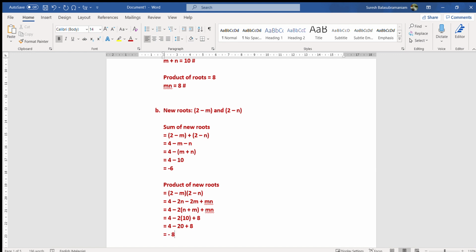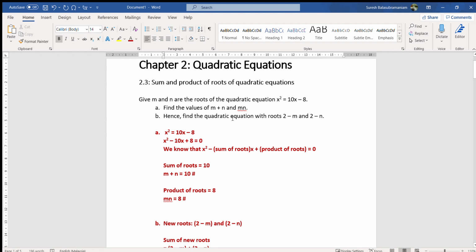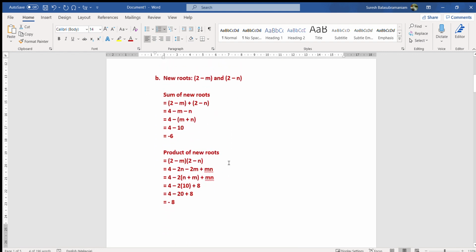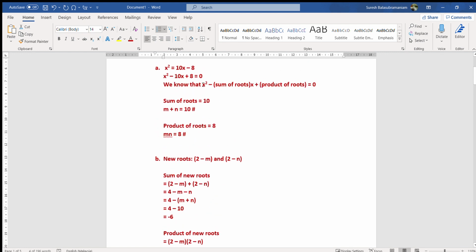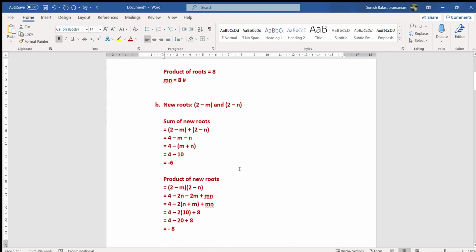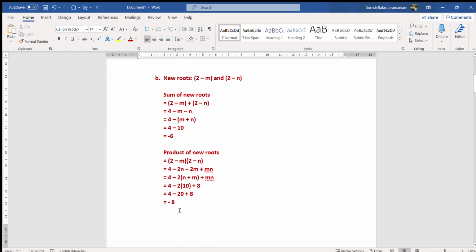The question asks us to find the quadratic equation. I know the sum of new roots and the product of new roots, so I'll use the formula.